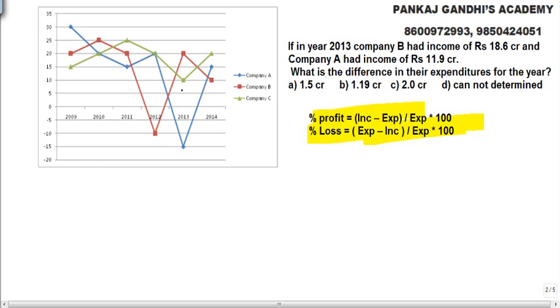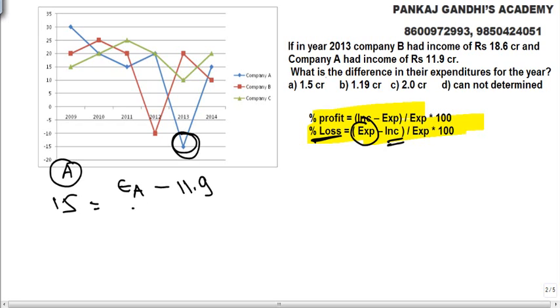A made a loss of 15%. Percentage loss for A: in case of loss, obviously expenditure is more. Let's say the expenditure of A is EA. The income of A is given, 11.9.